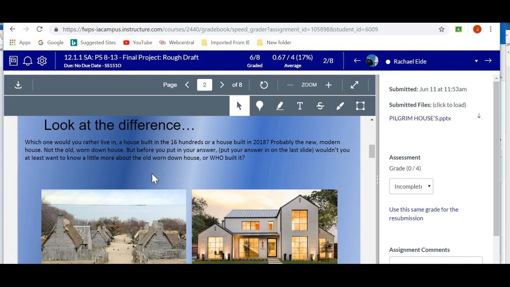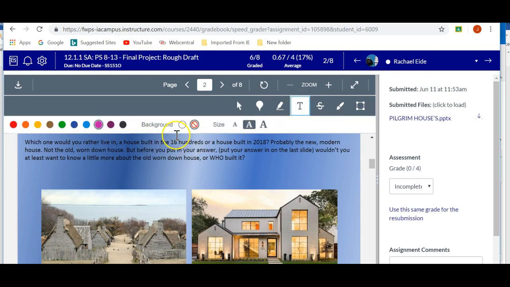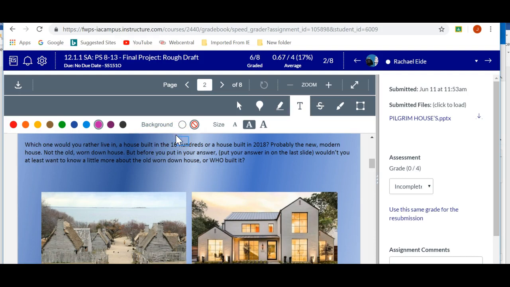The only thing that I would say for editing would be to write this out. You can write 1600s or, hold on one sec, I'm gonna move this.